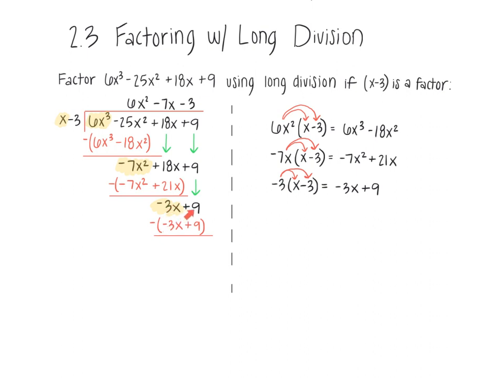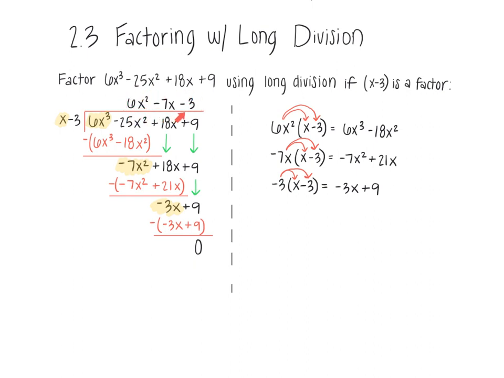And then finally, 9 minus 9 is also 0. So we have reached the end of the problem, giving us our answer, or our quotient, of 6x squared minus 7x minus 3.